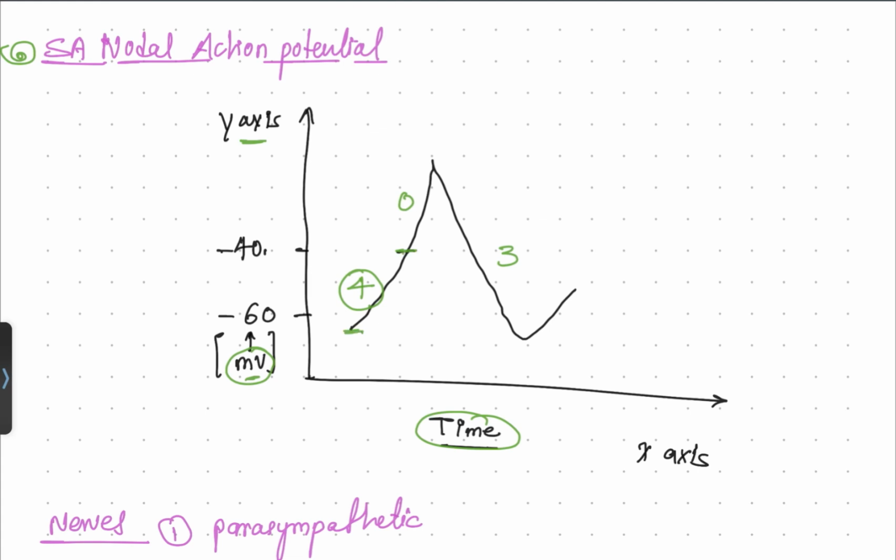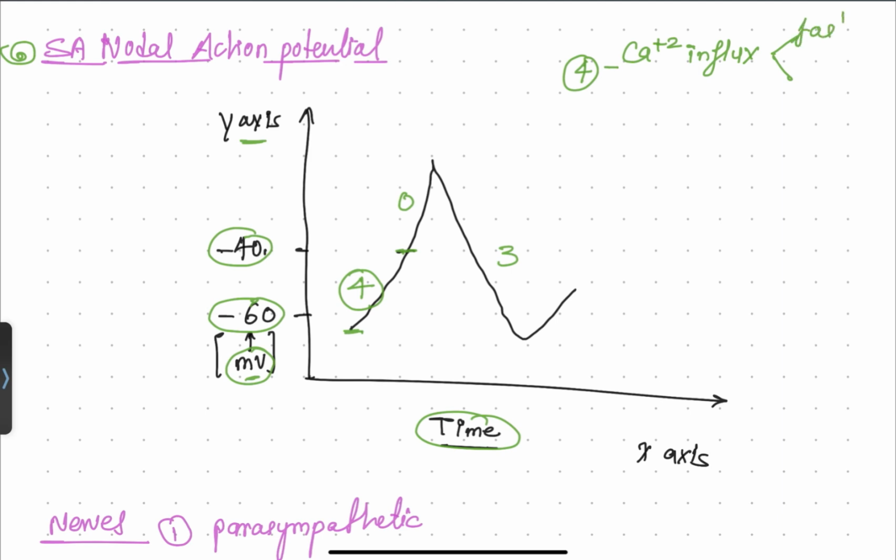In the pre-potential phase, the voltage is minus 60 to minus 40 millivolts. Here the calcium influx will happen. So in phase 4 there is the calcium channel influx. For the calcium channels, we have two types: the fast acting and the long acting calcium channels.